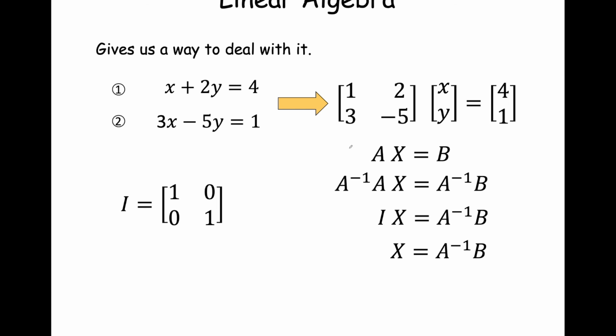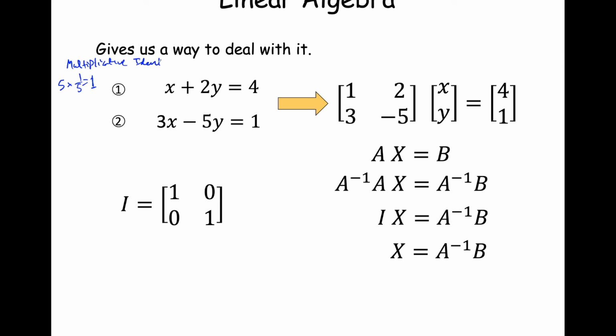Now, of course, anytime you multiply something by its inverse, for example, the number 5 times its inverse, 1 over 5, that's equal to 1. Now, this 1 in regular algebra has a special synonym when we describe it. It's called multiplicative identity.